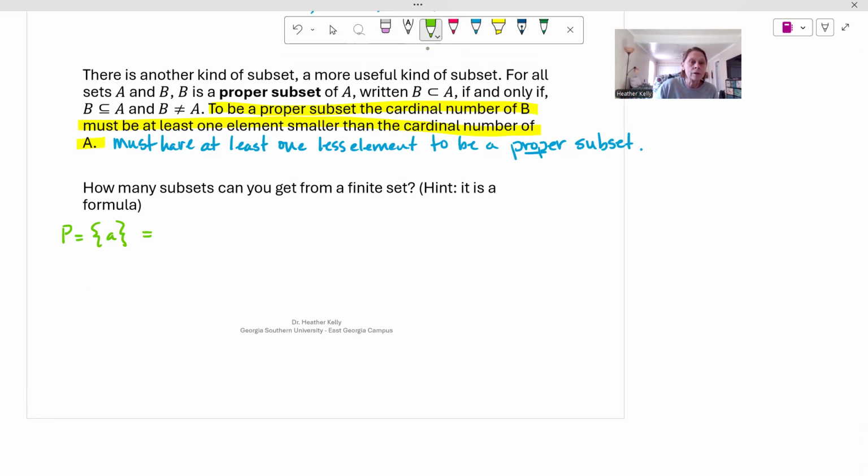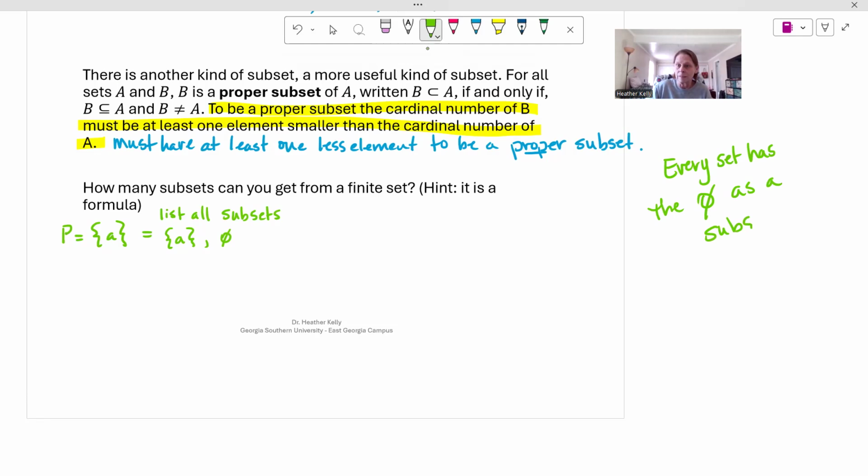Can we list all the subsets? A subset can be the set itself, and also every set has the empty set as a subset because it's a possibility. So that one just gets listed every time.